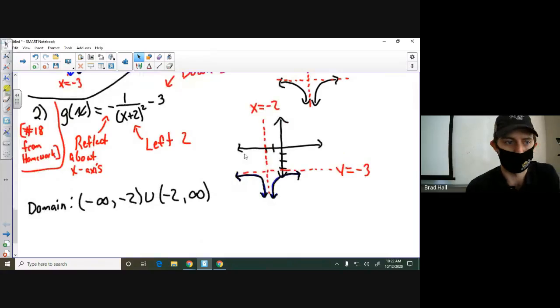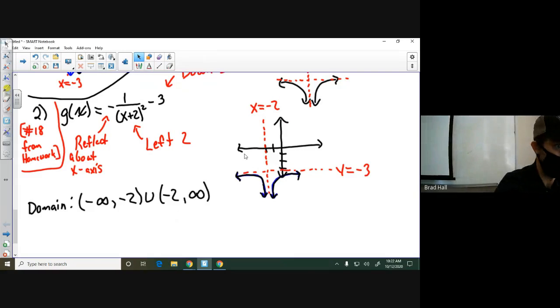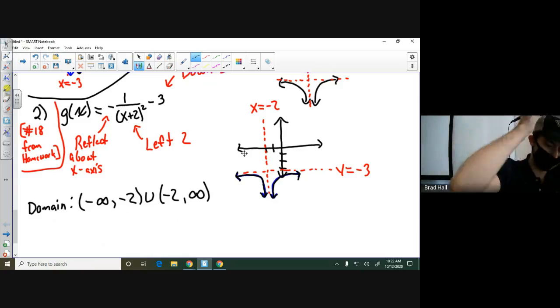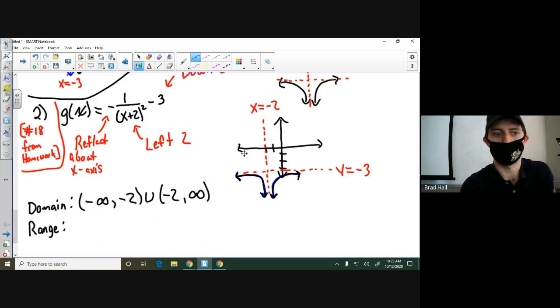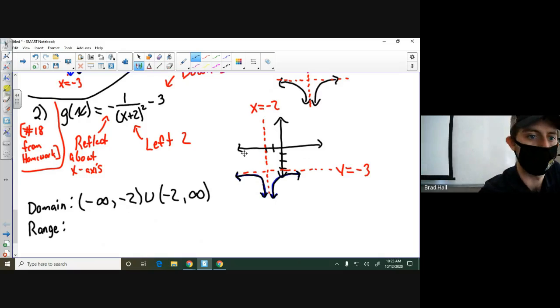And although it doesn't ask for it in this problem on the workbook page, I'm going to go ahead and find the range. Oh, and also the equations of the asymptotes, because the workbook does ask for those, we already have them here.